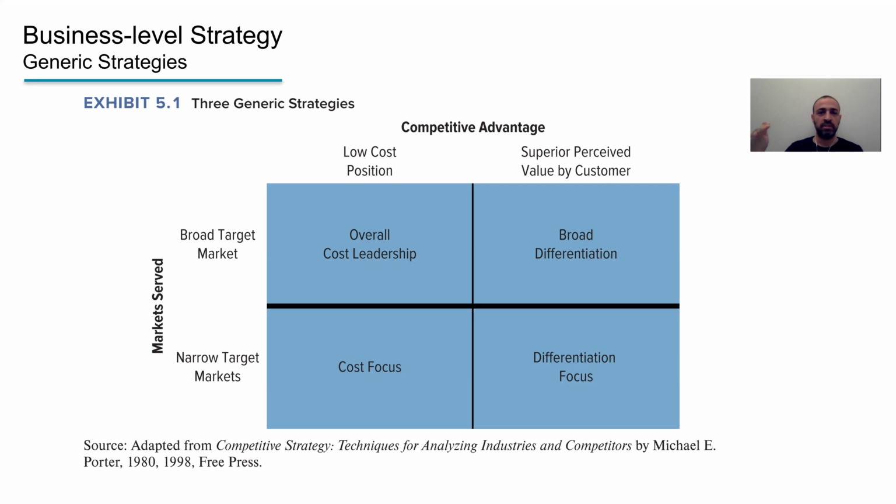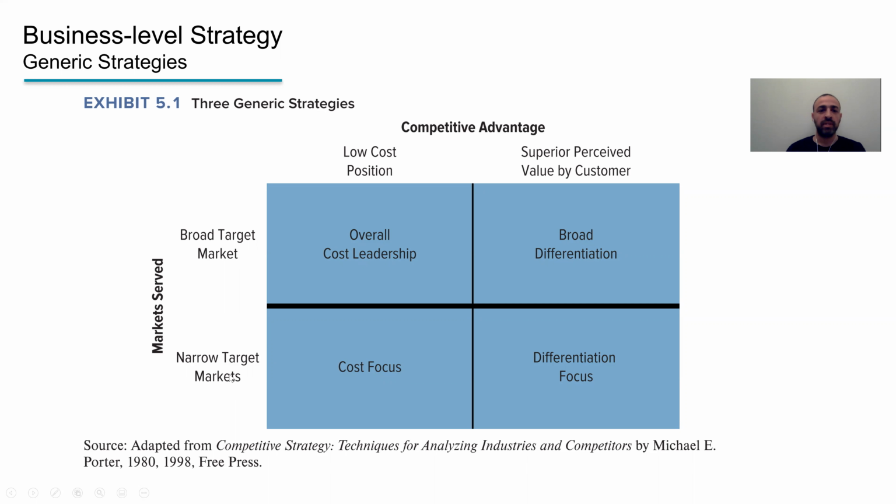For broad differentiation, the market is also big, but you are not focusing on low cost; you are focusing on differentiating your product to have higher value in the eyes of the customer. We could talk about Apple, covering a wide market while differentiating its products.